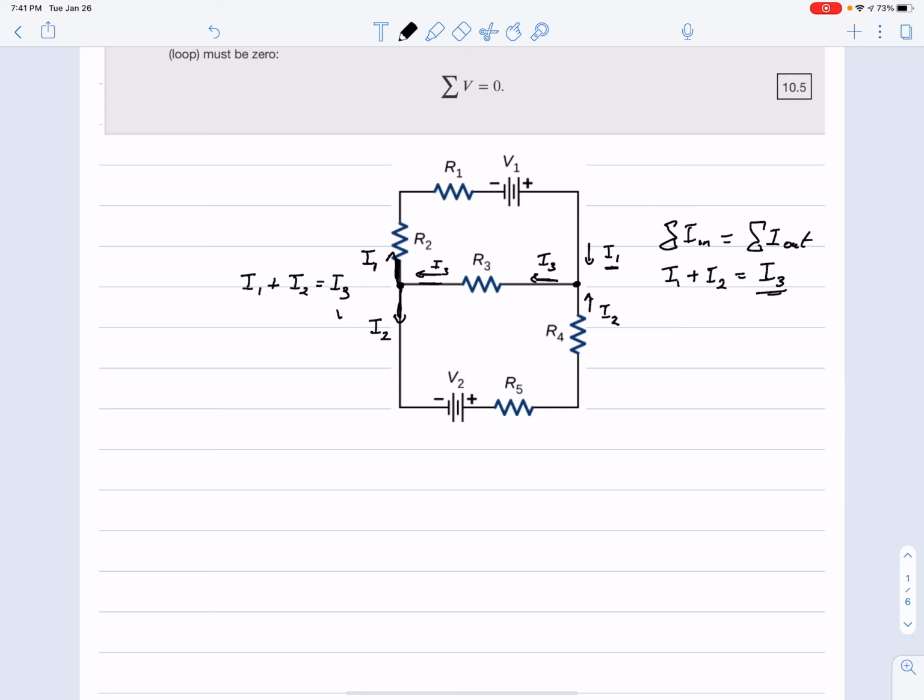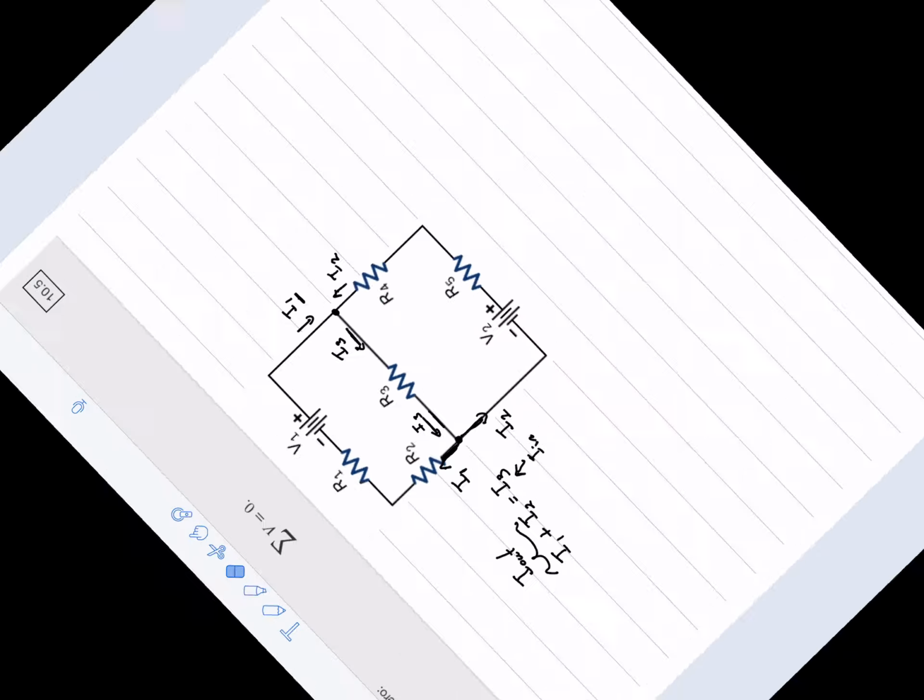In this situation, I3 is the current going into the junction, and these two are the currents going out of the junction. Thus, Kirchhoff's rule. We were having issues, and that was something I take full responsibility for.